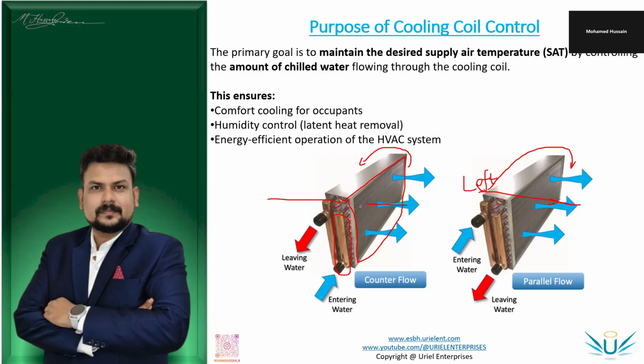Then it moves on to the real cooling water entering side, which completely reduces the temperature, and the final reduced-temperature air goes inside the duct. But in the parallel flow, the cooling water is first, so the air is cooled down first, and then at the leaving side the slightly hot water is there, so the temperature will increase again. Only minor temperature changes happen in the parallel flow.